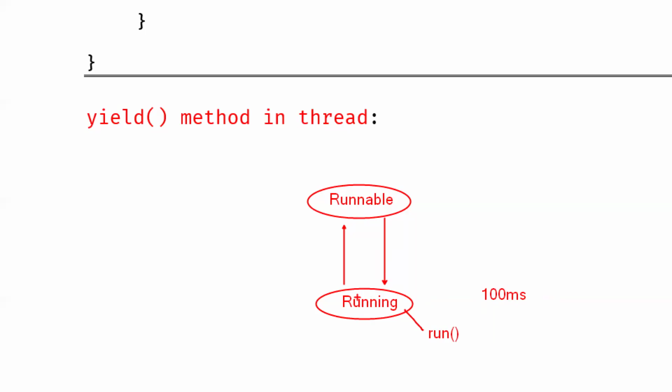Yield means taking out. That's what people say about crop yielding. Farmers do yielding of the crop. Yielding the crop means taking the crop from the farming land. That's what yielding is called.